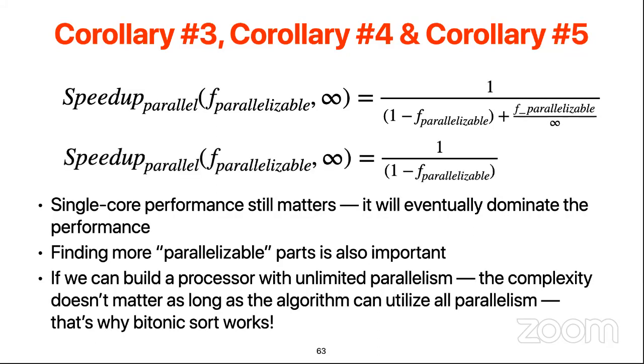And if you can have an unlimited number of processors, then how fast each piece in the parallelizable part is does not matter, because it's all divided by this infinite number.